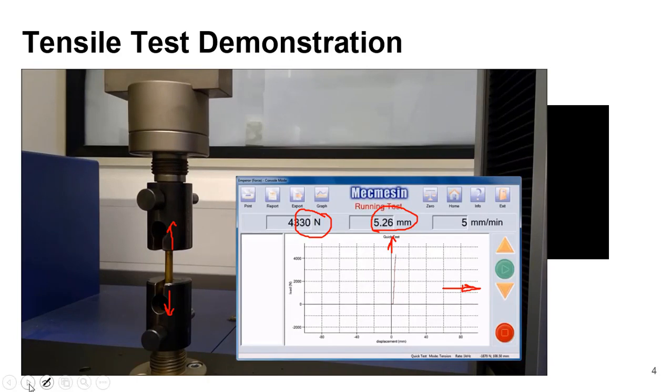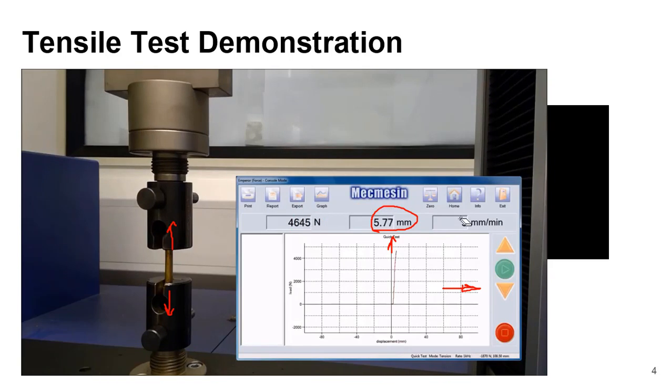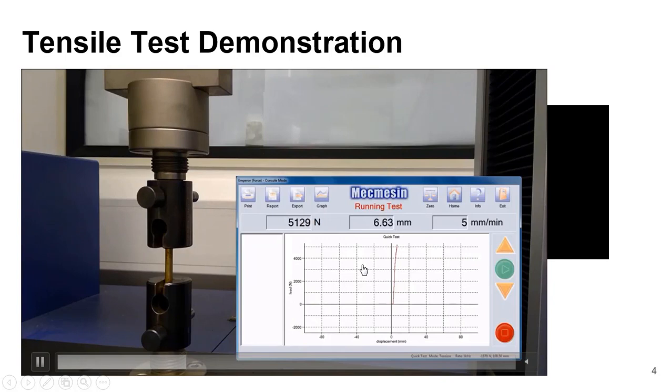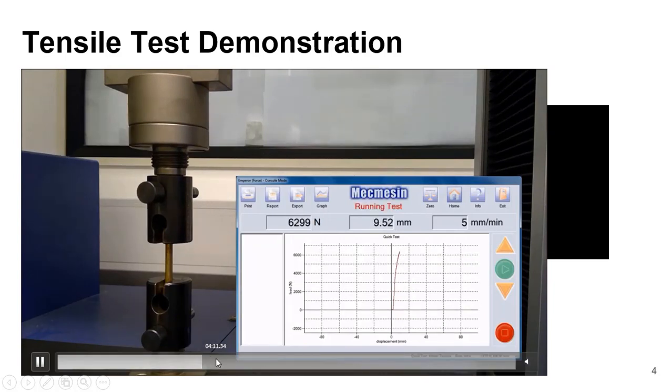Now let's see this experiment carefully. Here you can see the elongation.